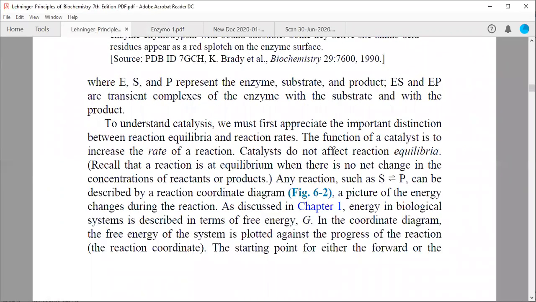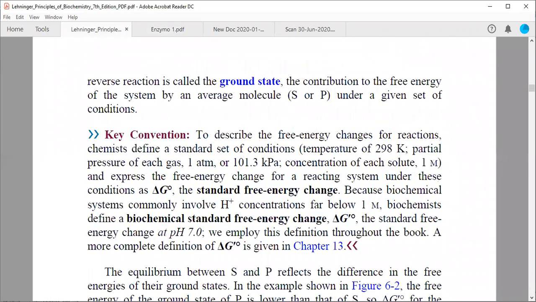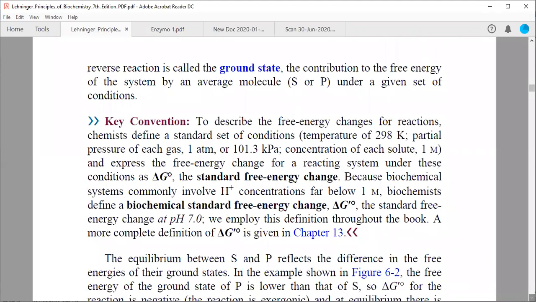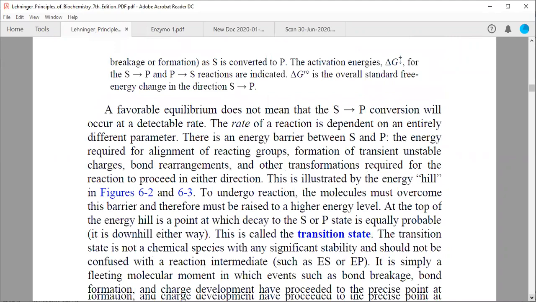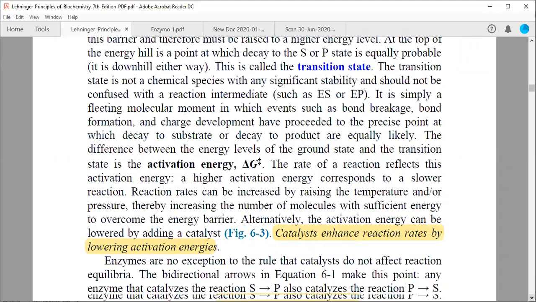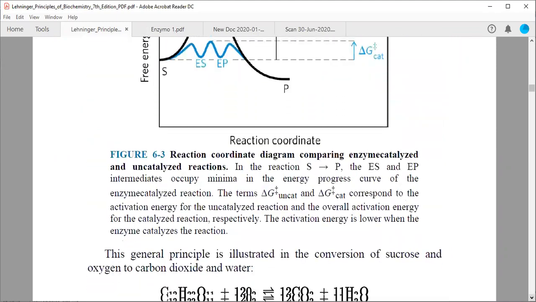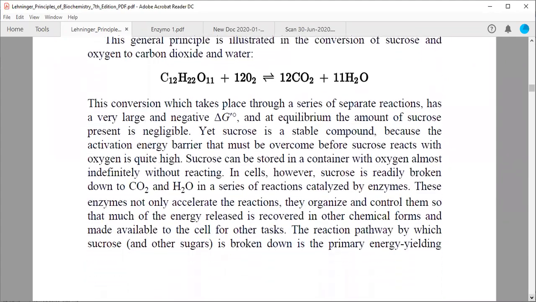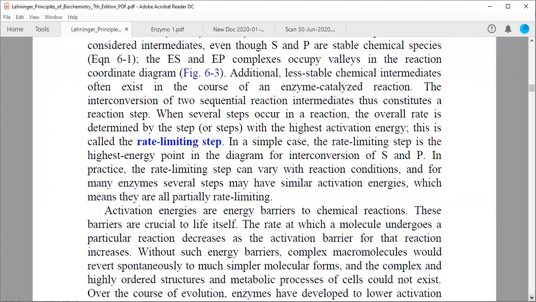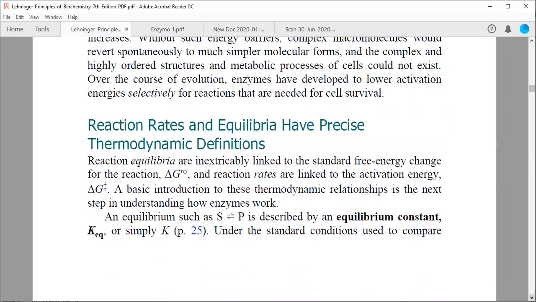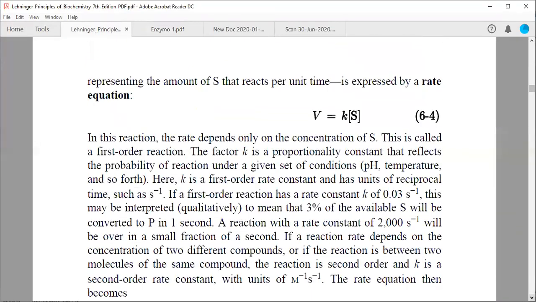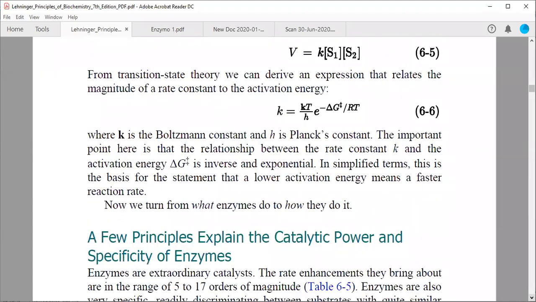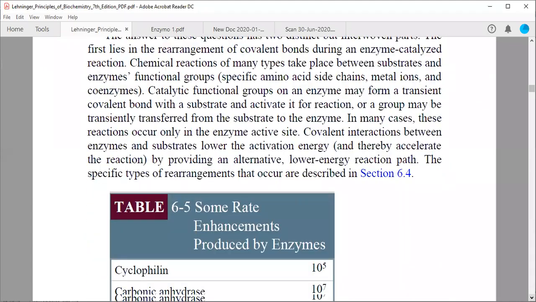Also more clearly you can find it in the Pathfinder, it is given somewhere. We will discuss all these things. What is the rate limiting step? What are the rate constants and all these things? No worries.